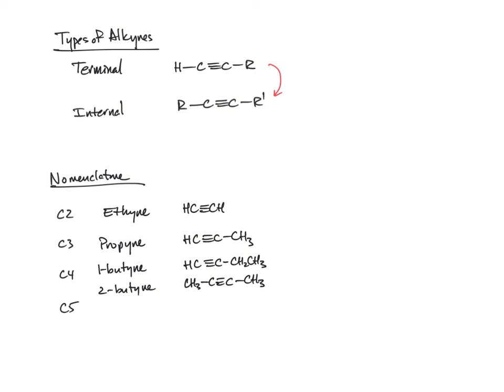So we have C5, we can have 1-pentyne or 2-pentyne.